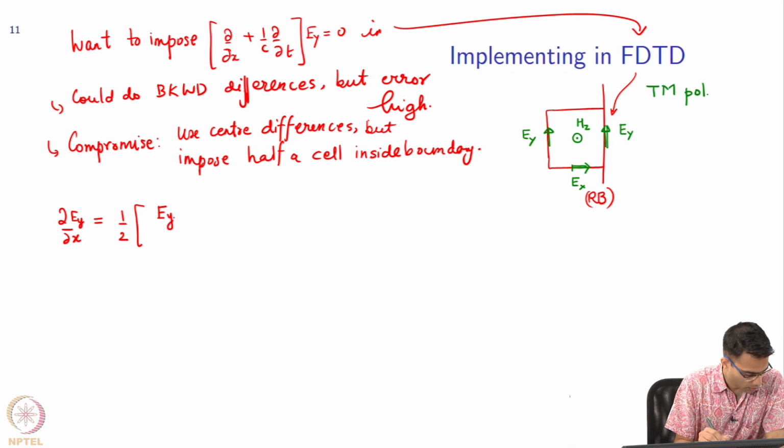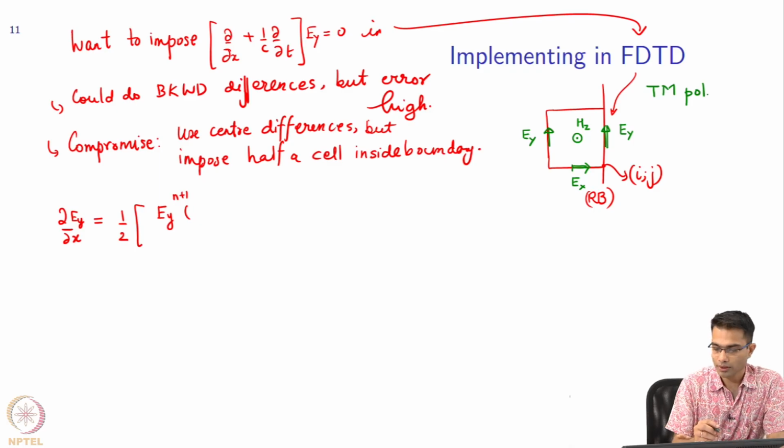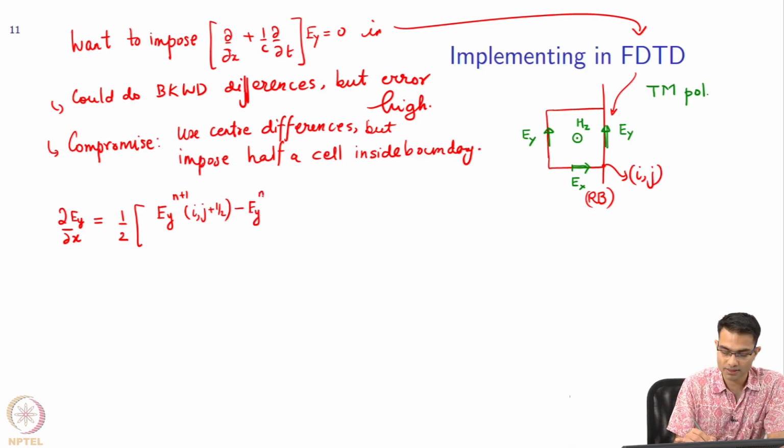So Ey n plus 1. So center difference, okay. So let us call this point over here as i comma j. Okay, so this is going to be what? What are the locations of Ey in the center difference? i, j plus half, right? Next is going to be Ey, the same instance, then n plus 1, and now what should I write?